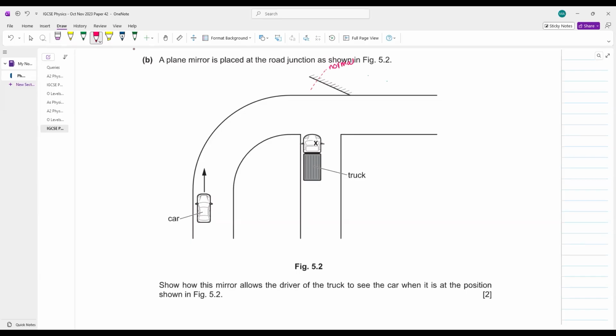Then what will you do? You will draw an incident ray like this. I think I should draw it from a little left side, like this. Yeah, this is your incident ray. Let's mark the normal a little towards the left like this.